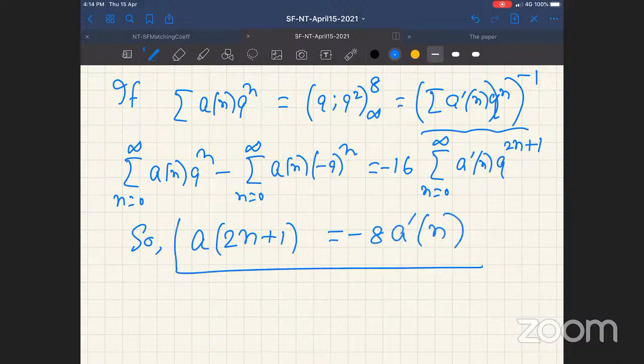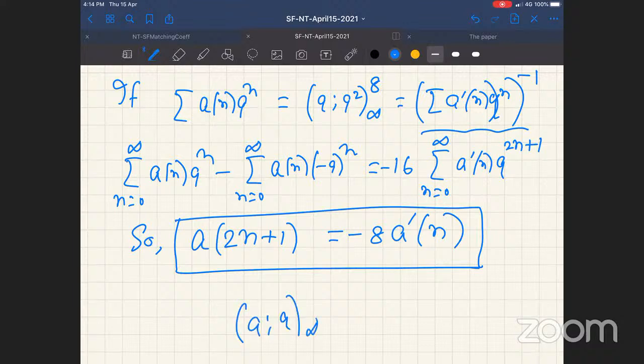So you see that this is a result on matching coefficients. We considered this product, and if we take the inverses, then they are related by this. So this type of result we call matching coefficients. This is one simple example.